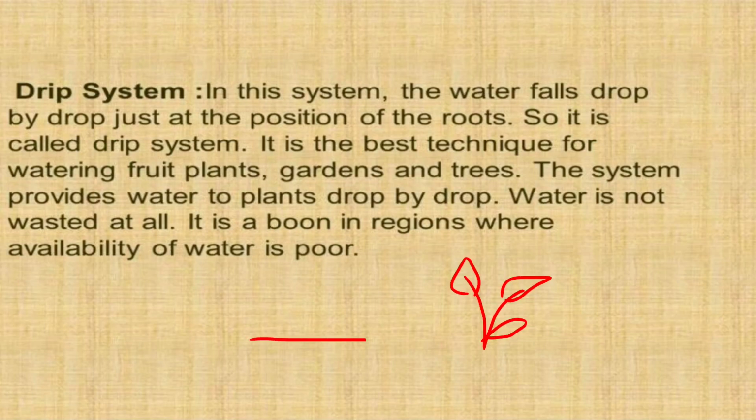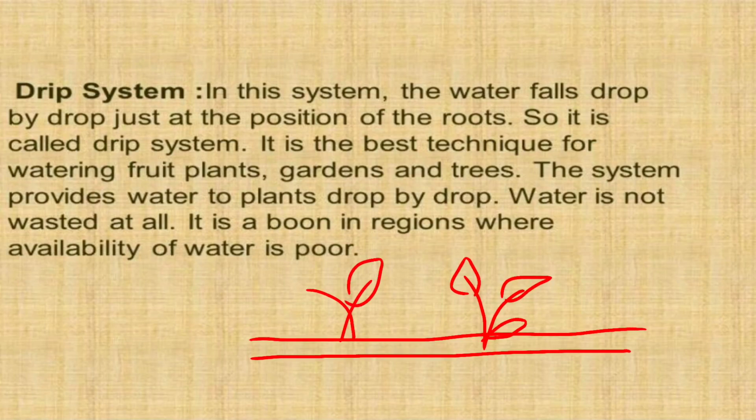These are the pipes we have. Here we have different types of plants. These pipes have some holes at the root of the plant, and they deliver water. So this system is known as the drip system.